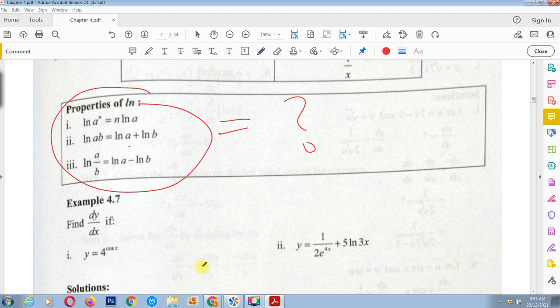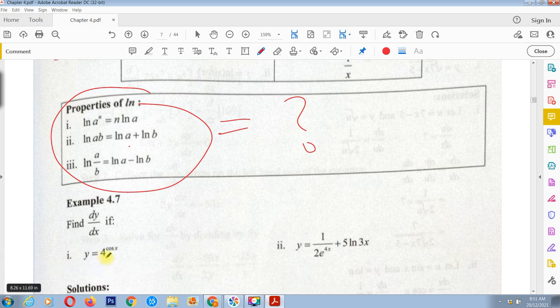To make our equation easier. Right answer. So it depends on the question. If the question is quite difficult to deal with, we use these properties to make it easier for us to differentiate.